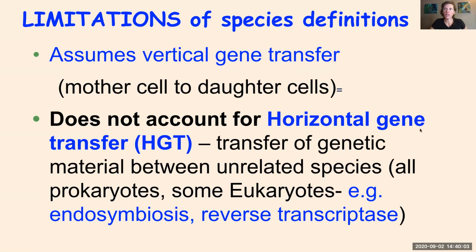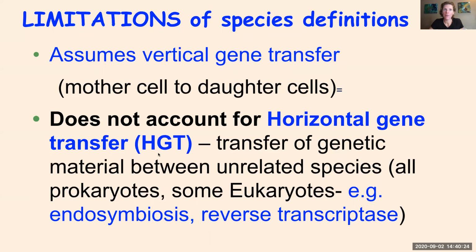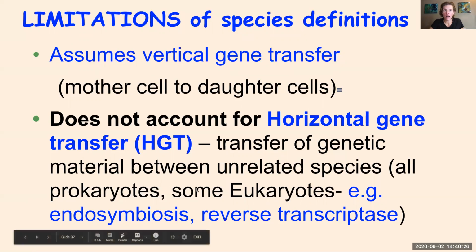So horizontal gene transfer, which is abbreviated HGT, is the transfer of genetic material between unrelated species: all prokaryotes, some eukaryotes, endosymbiosis, reverse transcriptase. Okay, so you can get horizontal gene transfer, every type of prokaryote does this.